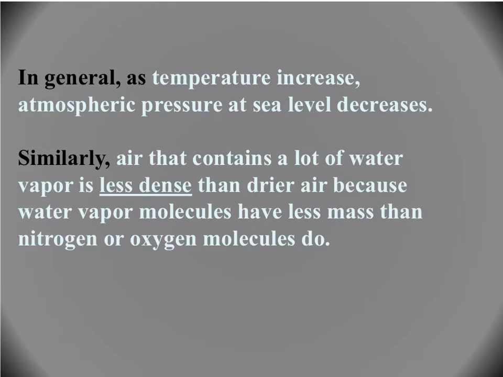You might think that really humid air, with a lot of water vapor, would be more dense because there's more stuff in there. But it's actually less dense because water molecules carry less mass. Remember the formula for density: density equals mass over volume. If you decrease that mass, the overall density is going to get lower.